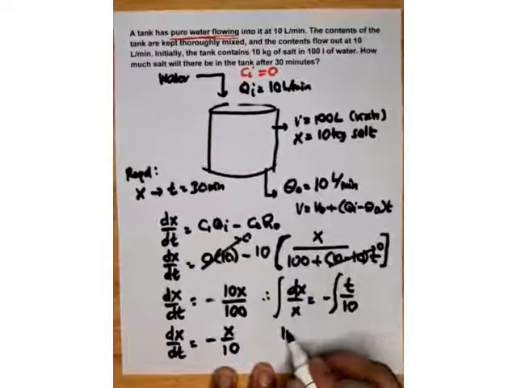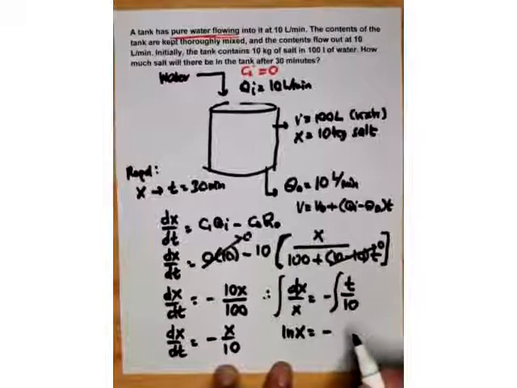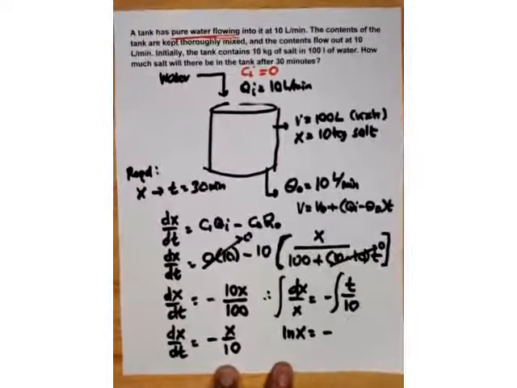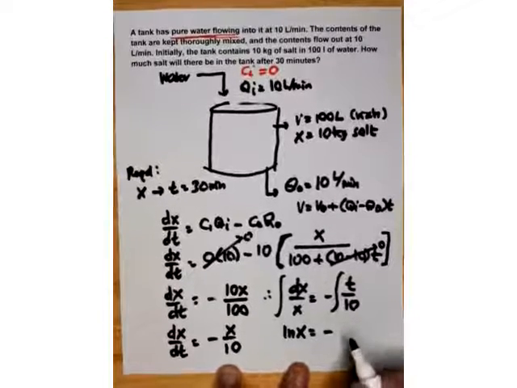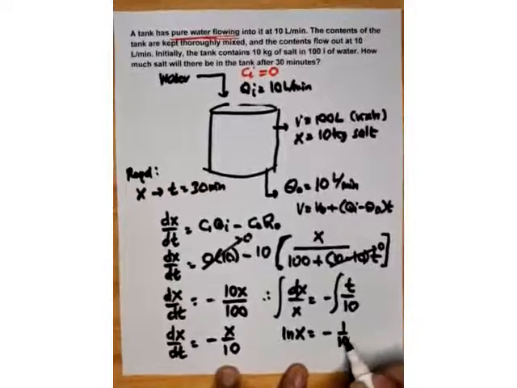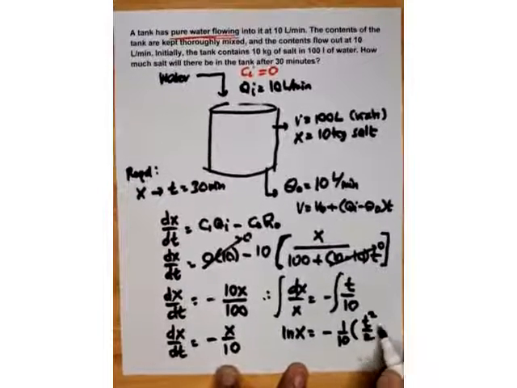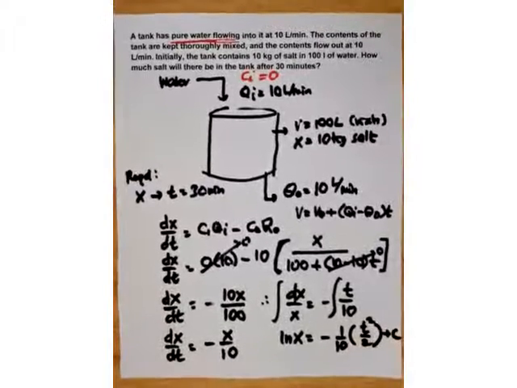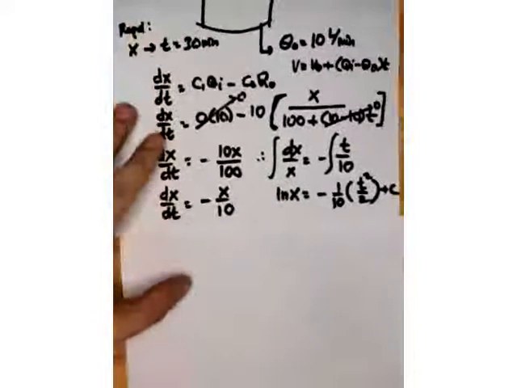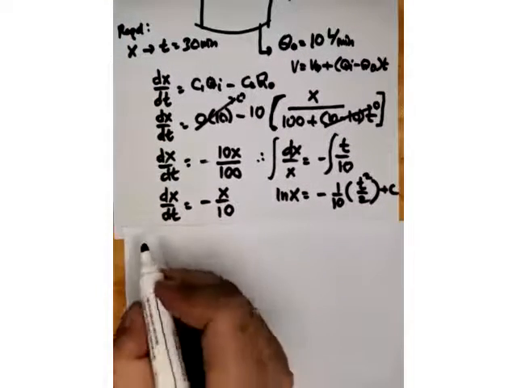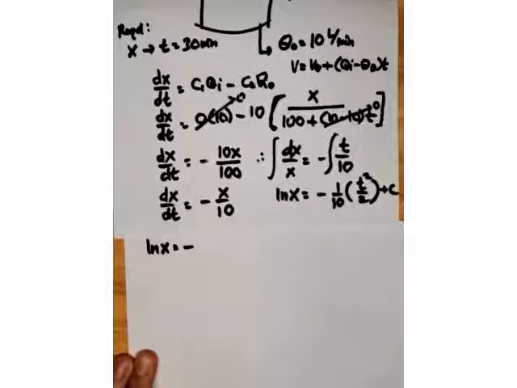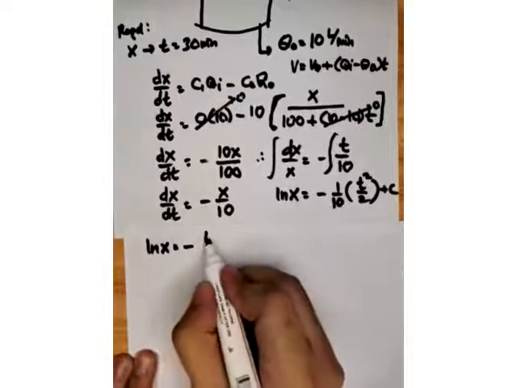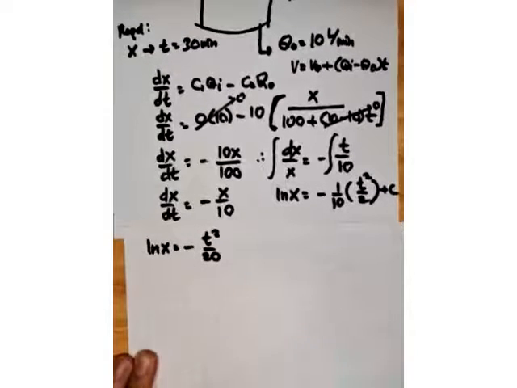So, we'll have ln of x is equal to negative 1 over 10 times t squared over 2 plus c, or ln of x is equal to negative t squared over 20.